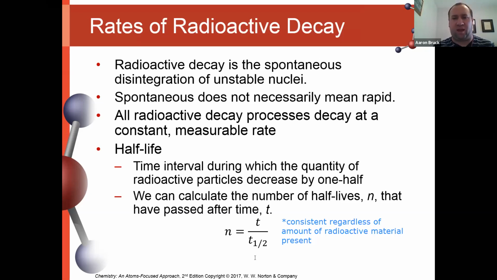And the way that we do that is, if we know how long has passed and we divide that by the half-life of the material, we can know how many half-lives have passed. Now, in radiocarbon dating, what we do is we kind of flip this equation around. We're trying to figure out how long this thing's been around.